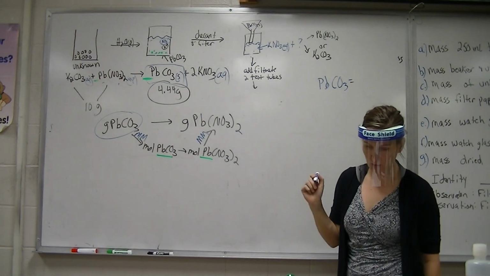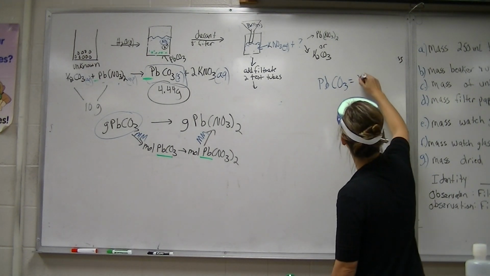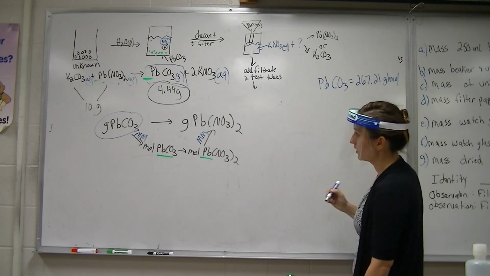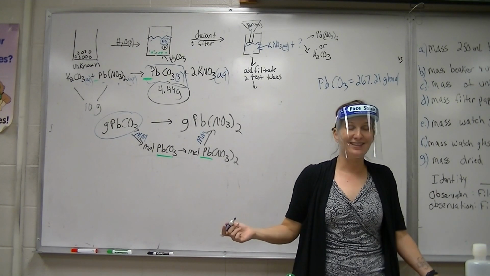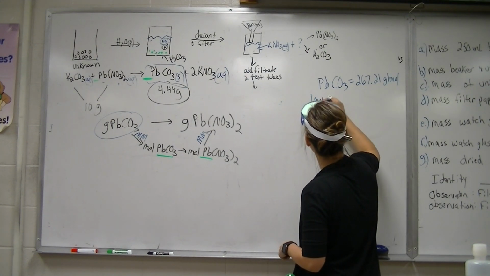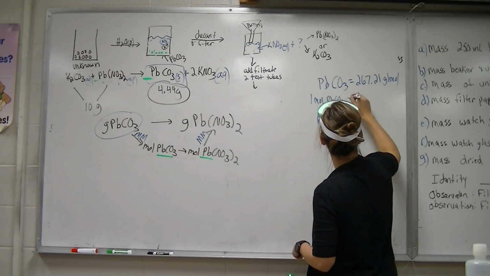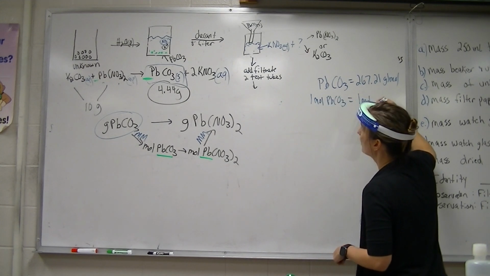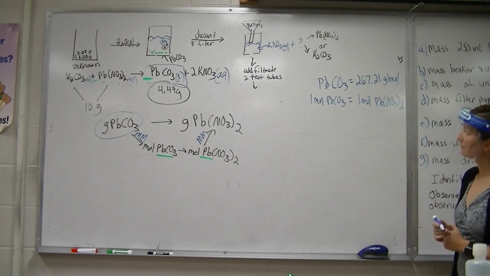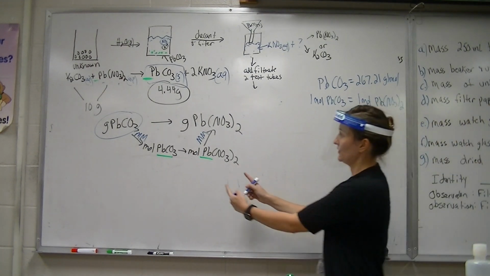What did we say that was? 267.21. Thank you. The mole ratio is 1-to-1, so we can technically skip that step, because it's saying 1 mole of lead carbonate is going to equal 1 mole of lead nitrate. So that's this middle step here.